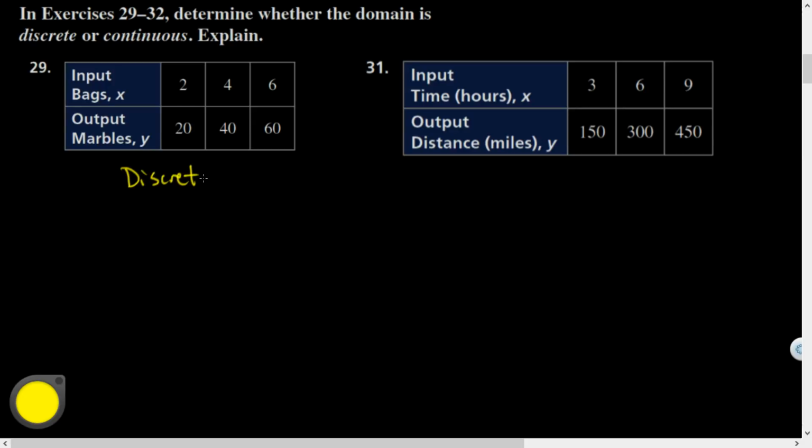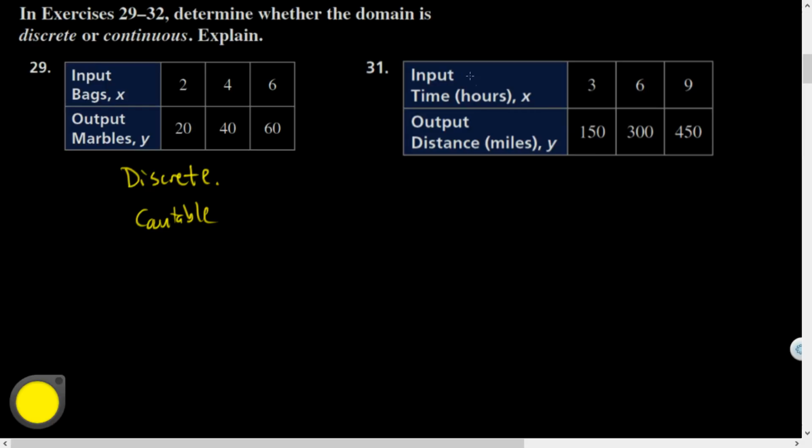Discrete, because I wouldn't have a continuous amount of marbles that would include infinitely many possibilities. They would be countable. Maybe I'll write countable here. That's a good word.